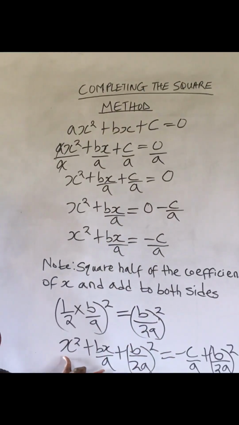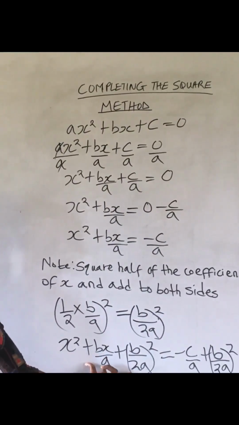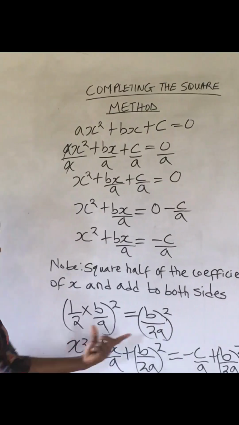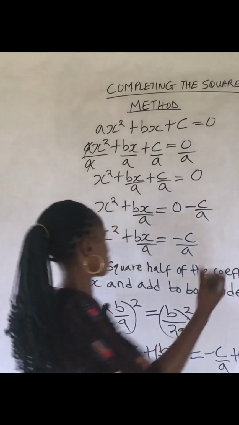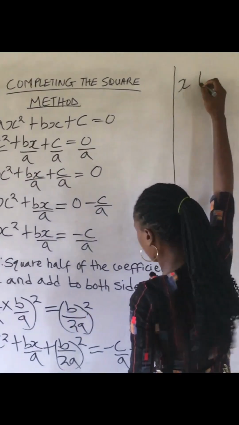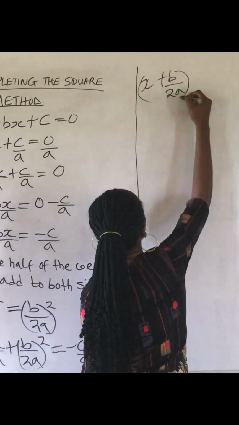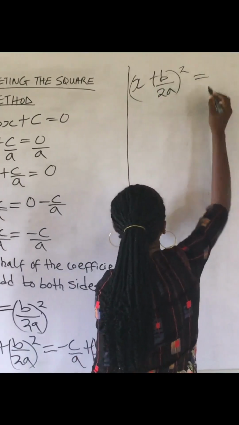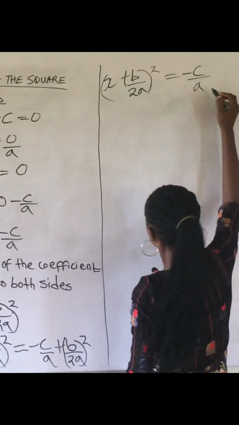Our next step is to consider this first and last term having square. We're going to bring them together. Why? Because they have a square in common. So bring them together and put the square out. That would be x plus b over 2a all square is equals to minus c over a.